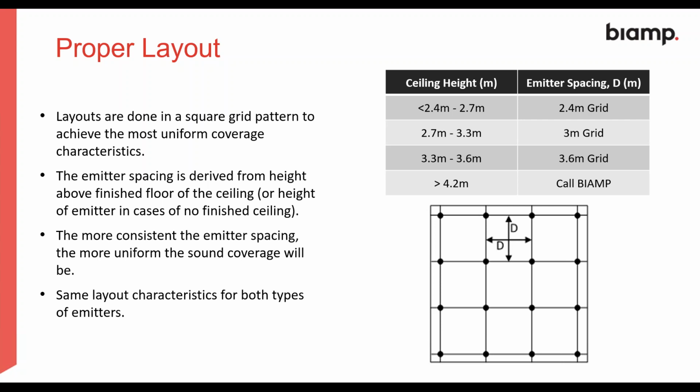So if we have a ceiling that is up to 2.7 meters, then we use a 2.4 meter grid. Anything lower than 2.4 meters, we still have the 2.4 grid. And on the other end of the spectrum, anything higher than 3.6 meters, we still always retain a 3.6 meter grid.